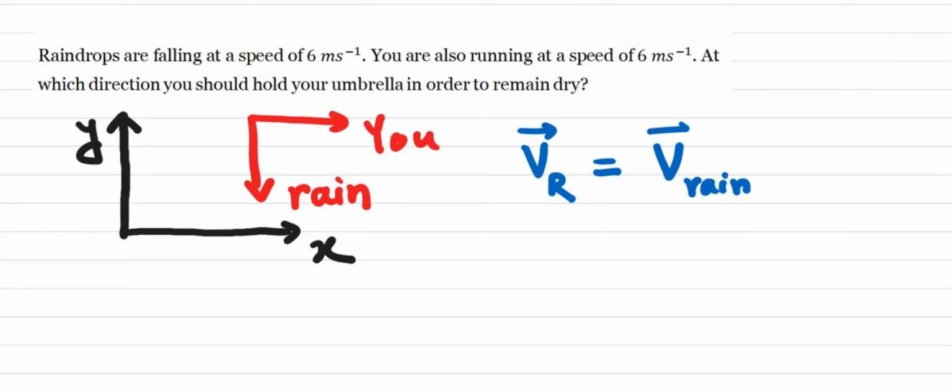Since you want the velocity of rain relative to you, you'll have to subtract your own velocity.